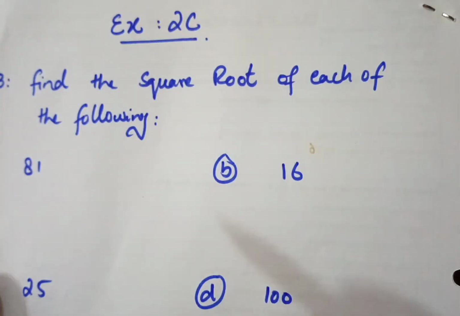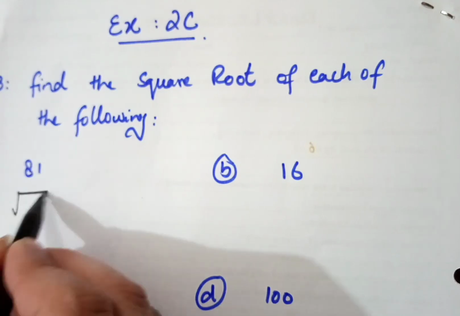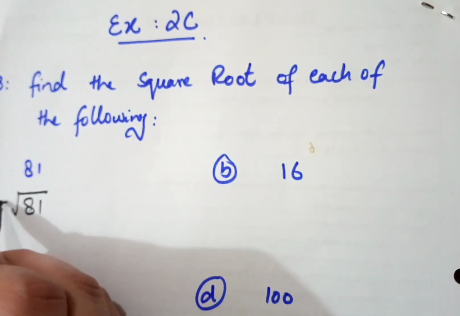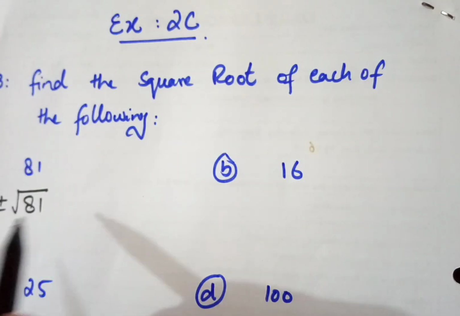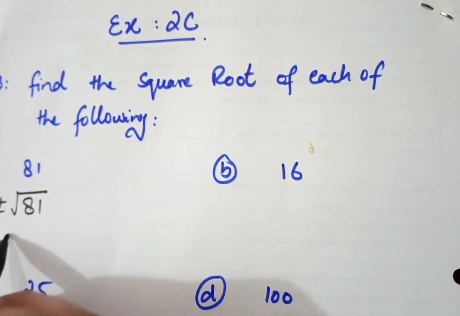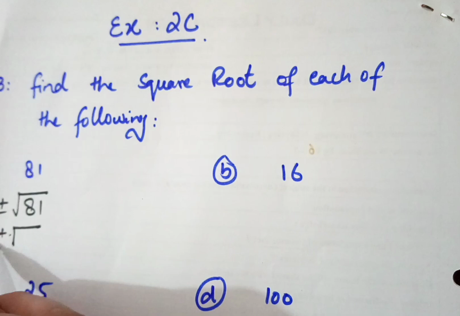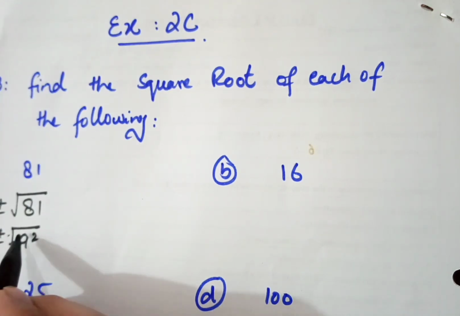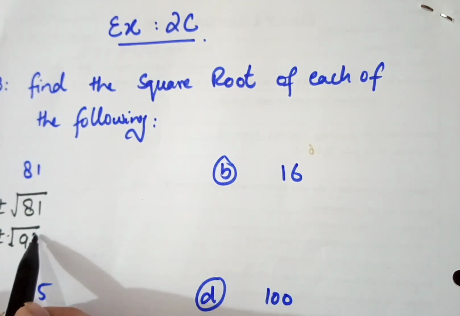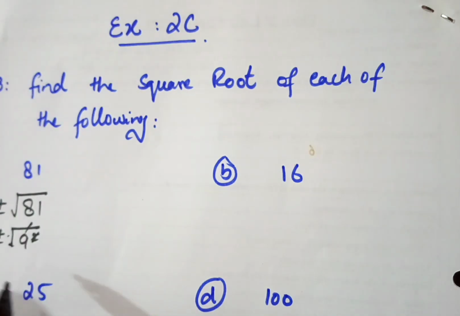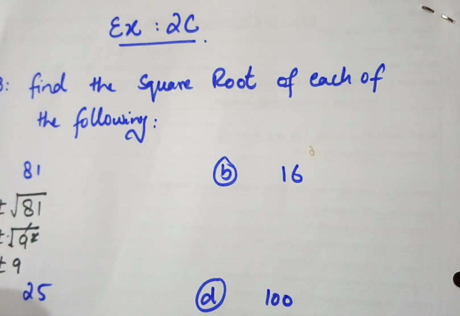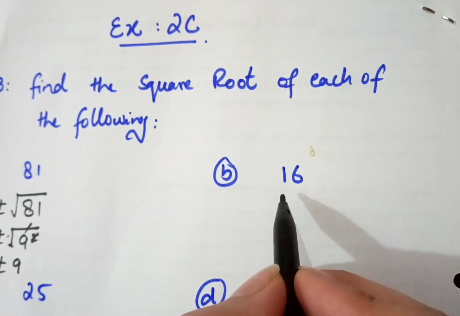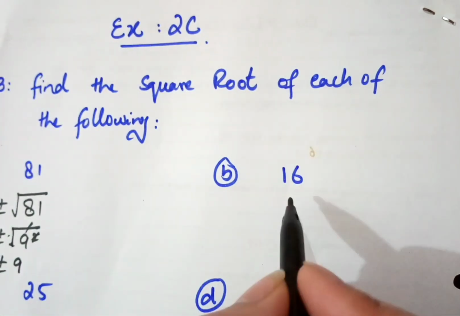So we'll find the square root of 81, and this square root sign contains the signs plus and minus. So 81 is a perfect square of 9. Now this root sign and square power undo each other and we get the answer plus minus 9. Now move towards part B. Square root of 16.